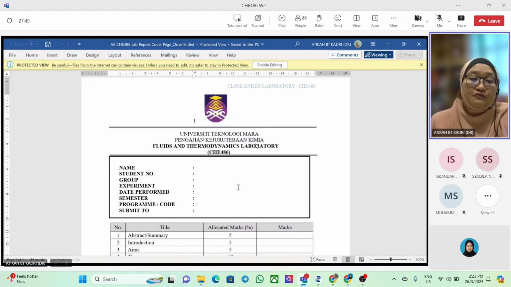One could be in the form of a group, and the other could be in the form of an individual. Do you understand? If it's group work, you need to list down all of the group members in the name section. Do you understand?